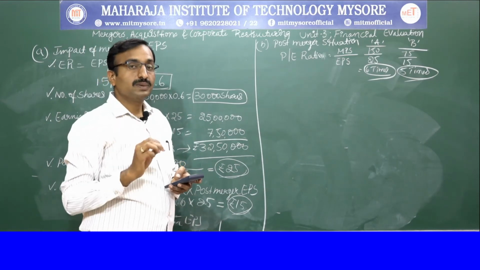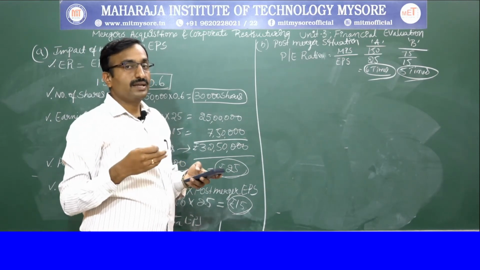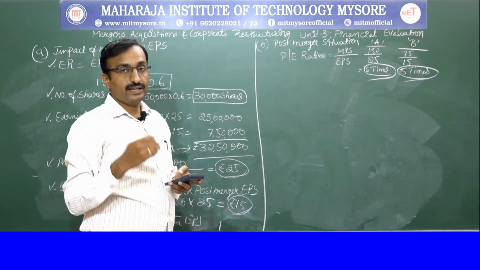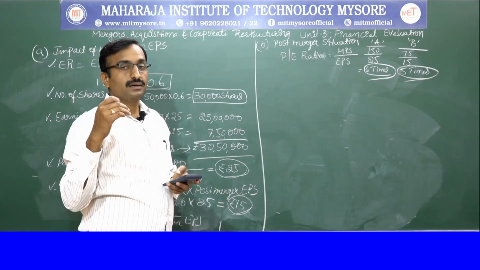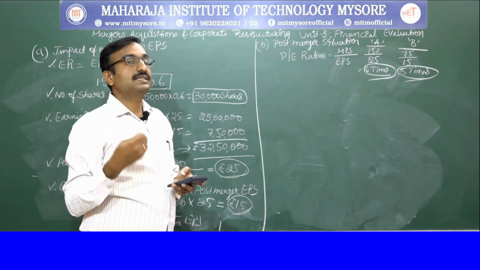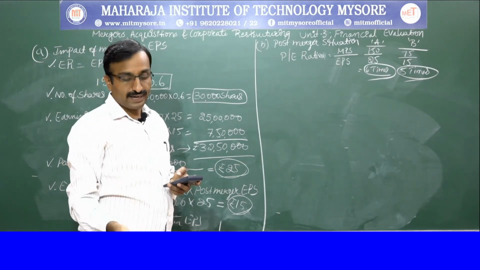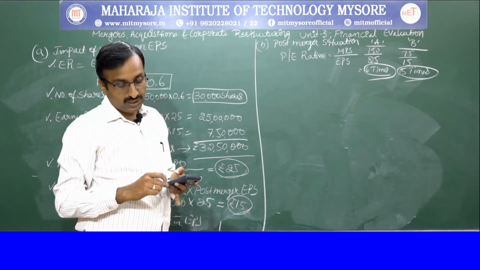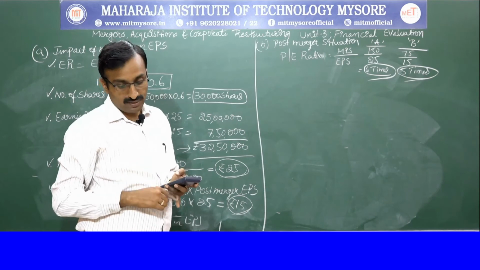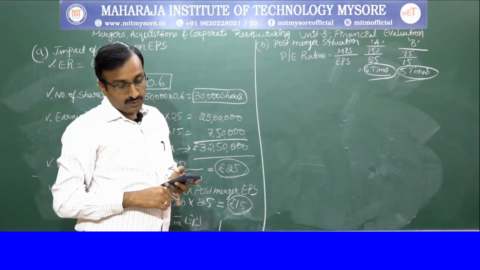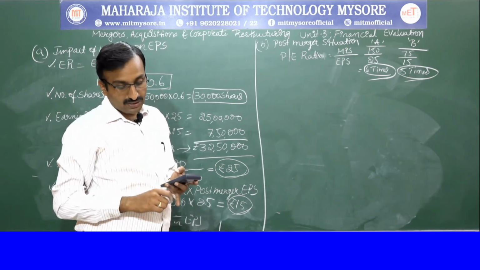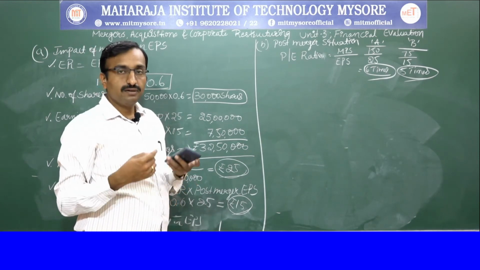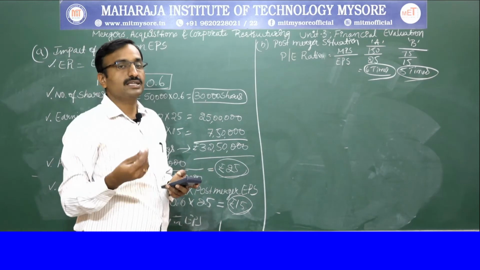Then in the post-merger situation, when the 1:1 exchange ratio is implemented, we have to find out the number of shares. In the second question they have asked: the management of B Limited has quoted a share exchange ratio of 1:1 for the merger to take place. Is it financially viable for A Limited? If yes, fine. If not, what is your answer?